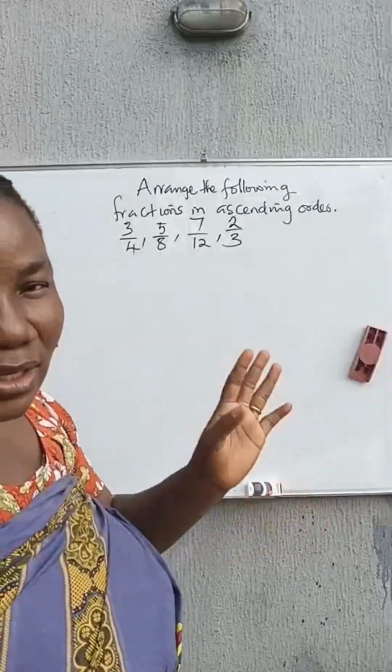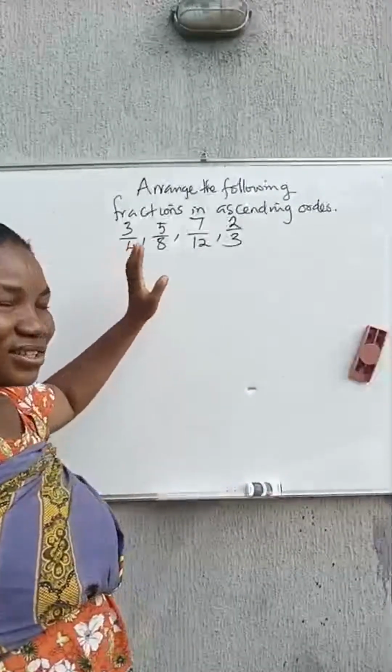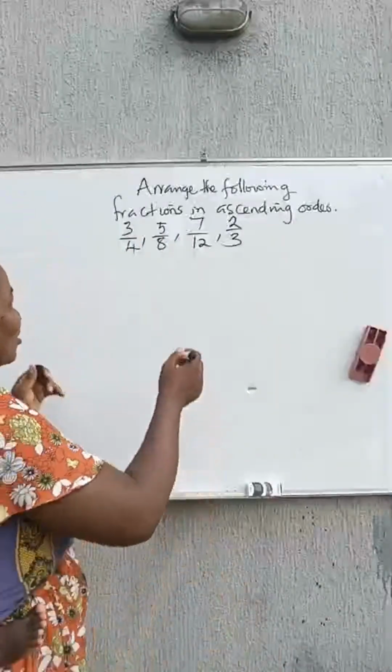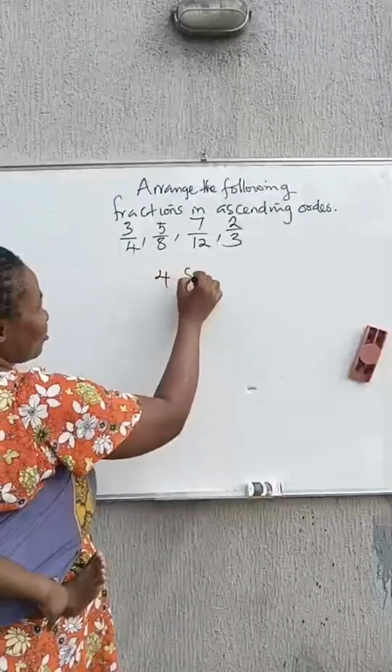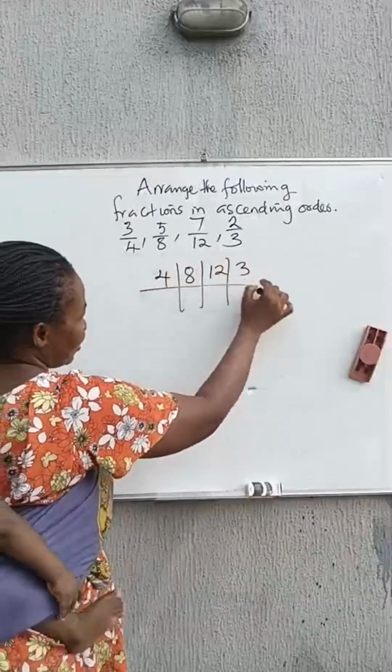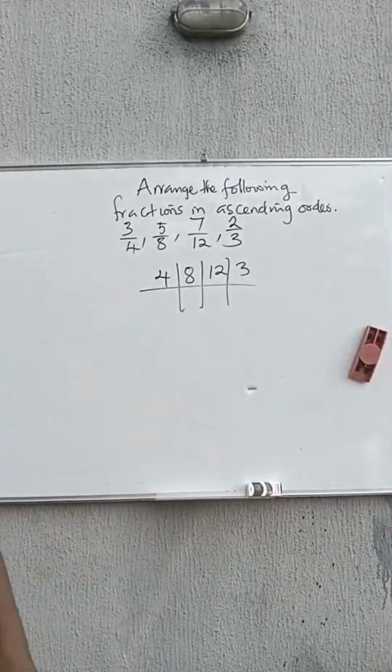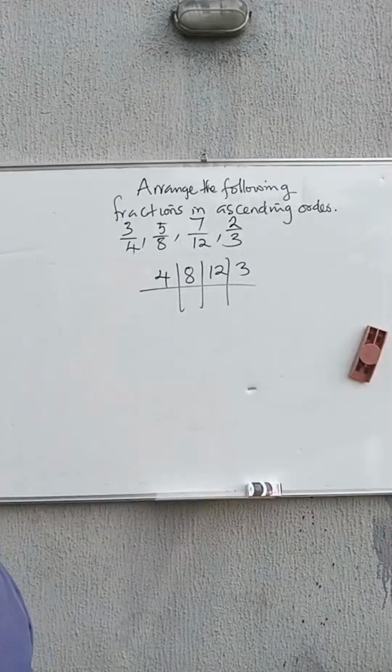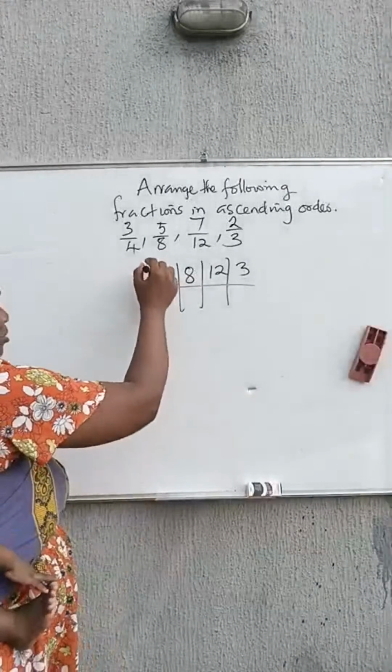Okay, so let's find the LCM of these denominators. We have 4, 8, 12, and 3. Let's find their LCM.